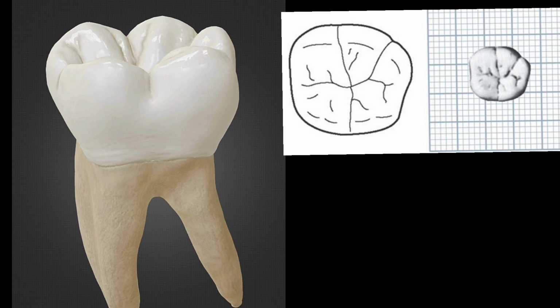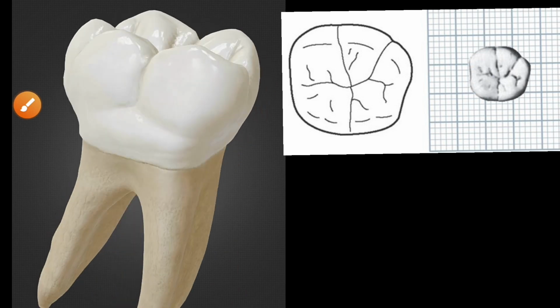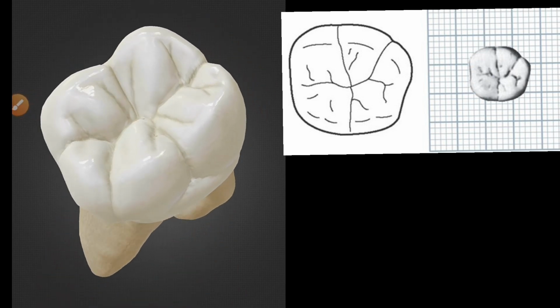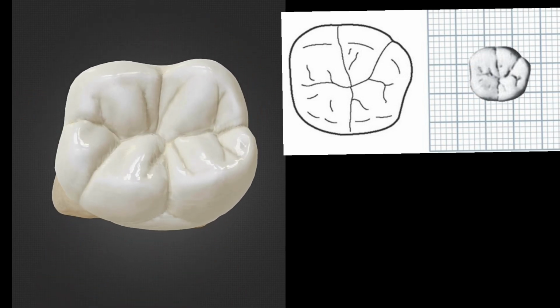It has three fossae: the central fossa, the mesial triangular fossa and the distal triangular fossa.